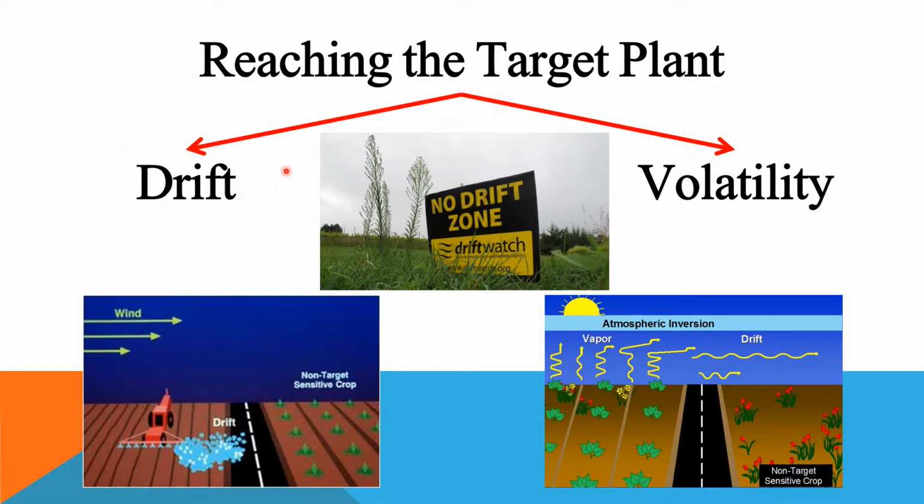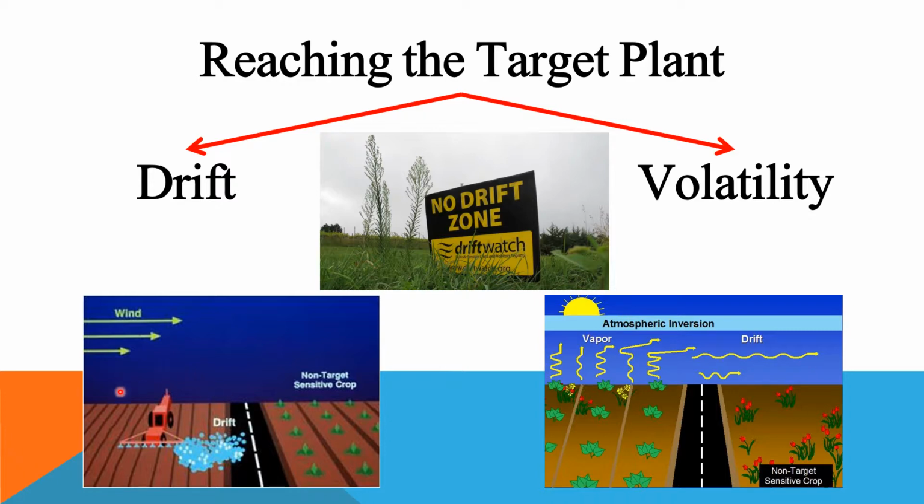So that is drift. When you apply herbicide in this area, because of the wind and or any environmental factors, the herbicides will go to another site, and this is drift.